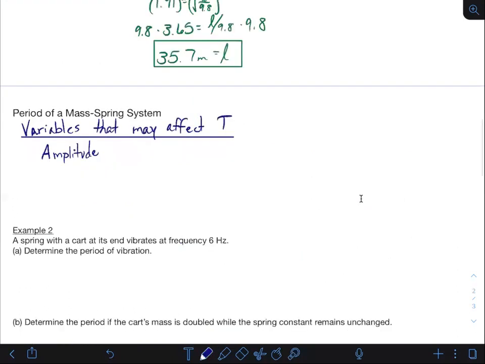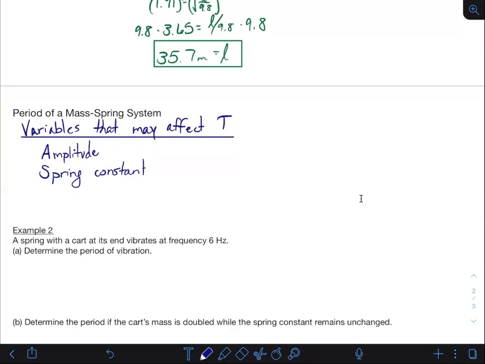We may also suspect that changing up the spring constant will change up our period. We also may just guess that changing up the mass at the end is going to change up our period. And these are the variables that we would pretty classically come up with.